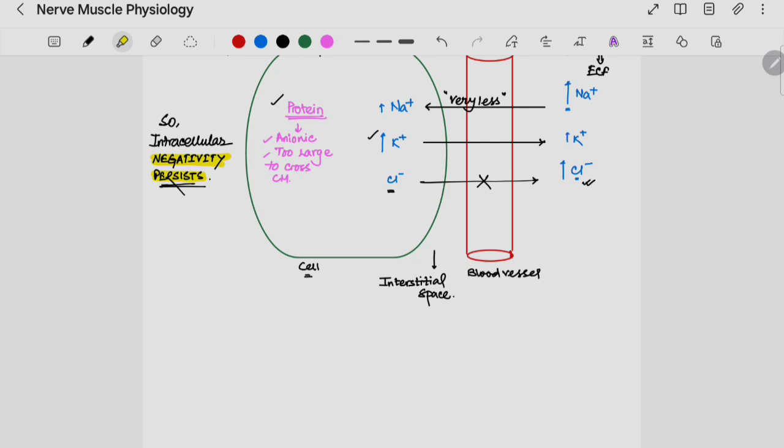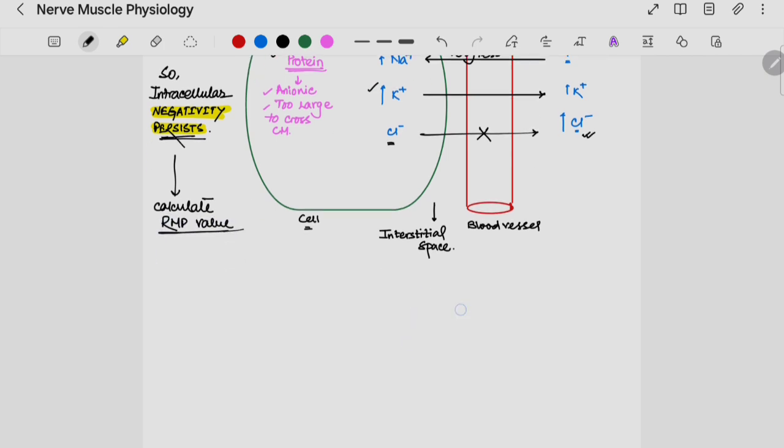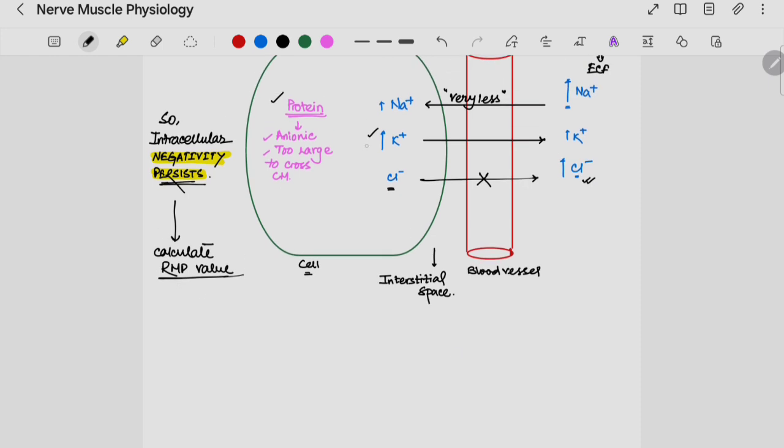Though intracellular negativity persists, we have to calculate that RMP value. Here we proceed conceptually. So here is the potassium which is going outside of the cell, right? So after going outside of the cell, the concentration level is equal. Or let's say potassium is more outside of the cell, then it comes intracellular, right?